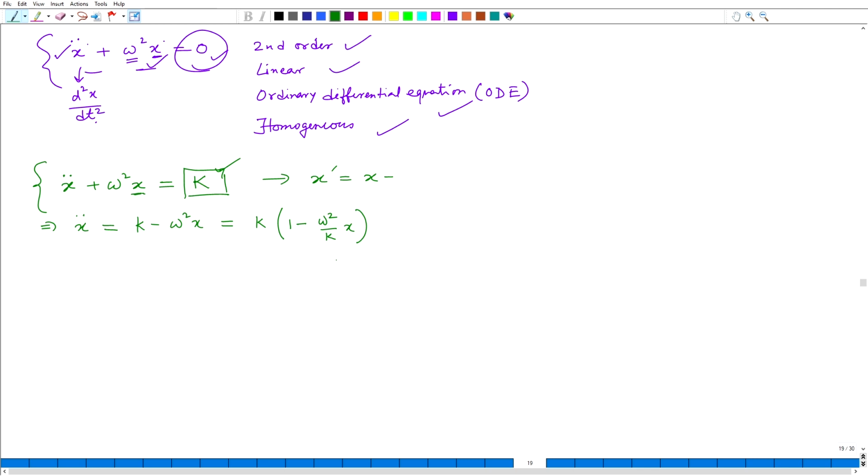And if you now say, okay, this part I want to take to the other side, then I will say x double dot plus omega square by k times x minus 1 times k equal to 0.